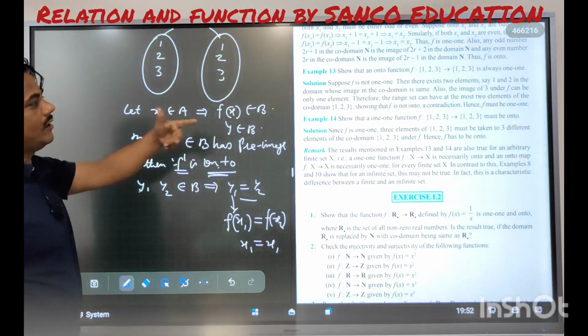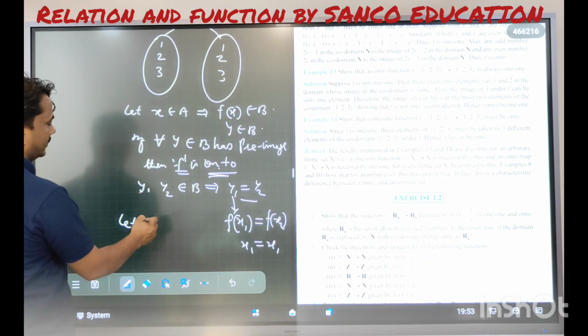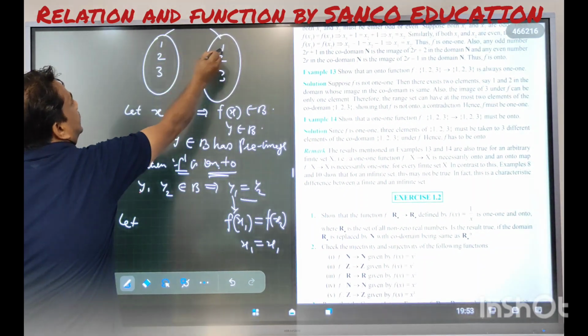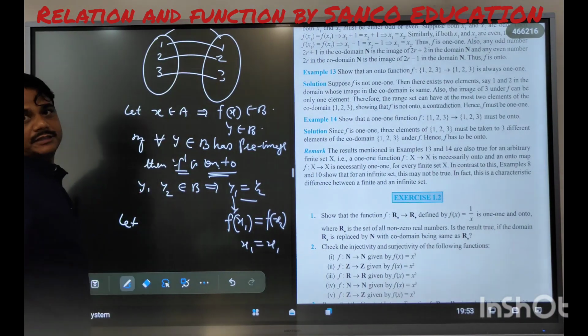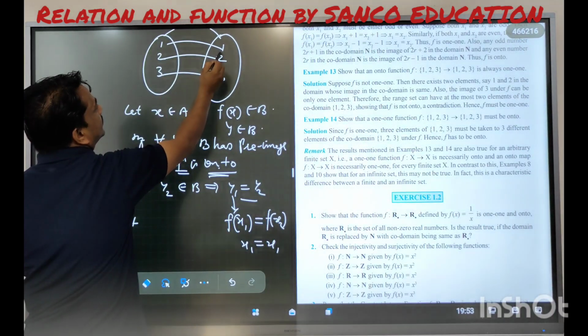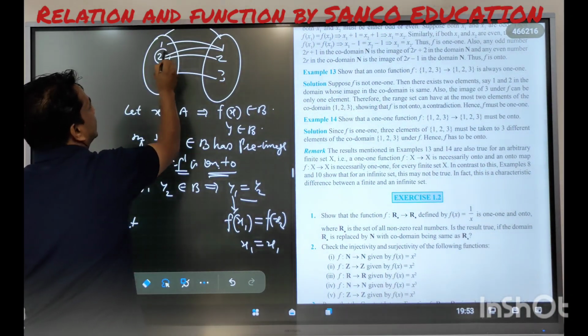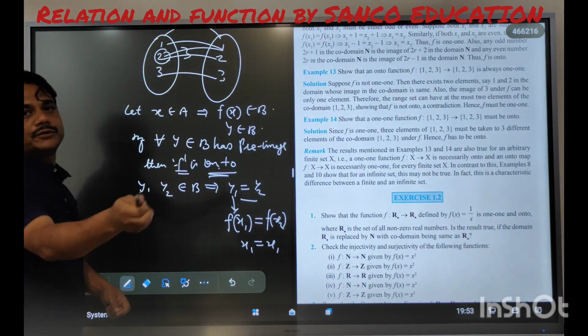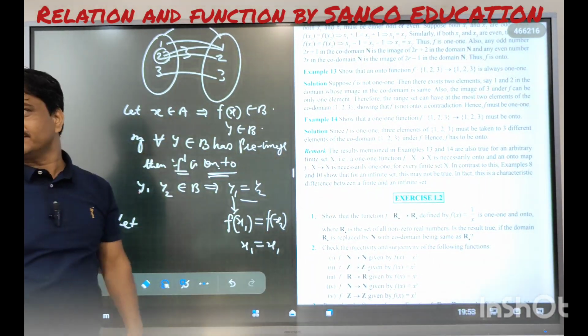But in this way, how can we prove that? It is simple. Means there is no element associated with this. Why? Because 2 would associate with both 1 and 2, which is not the function definition.